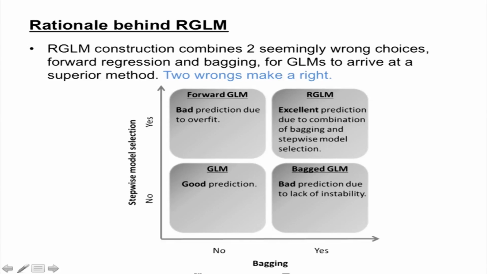You end up with 3 or 4 variables maybe, but it is a bad idea because you get poor accuracy due to overfitting. Now the random GLM actually combines these 2 wrong choices and actually then leads to excellent prediction accuracy and inherits some of the interpretability from forward selection.